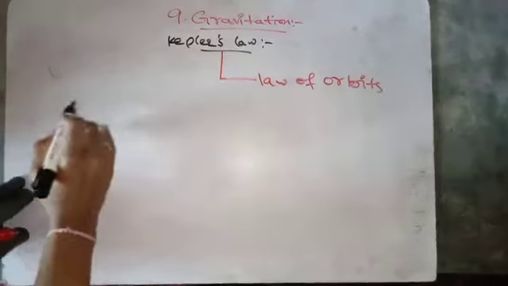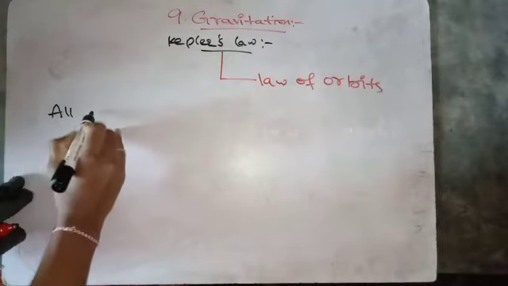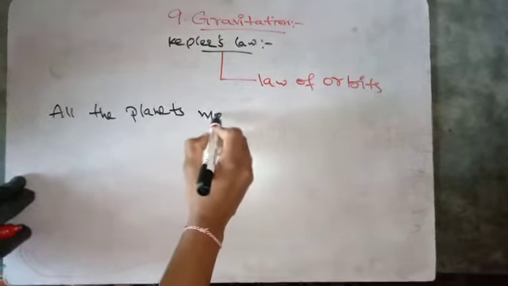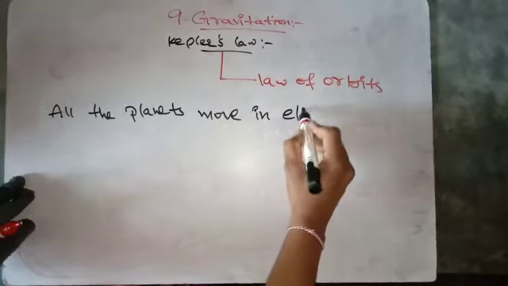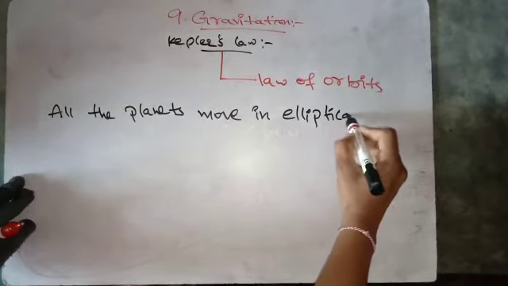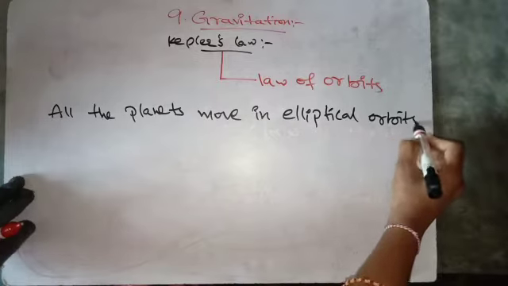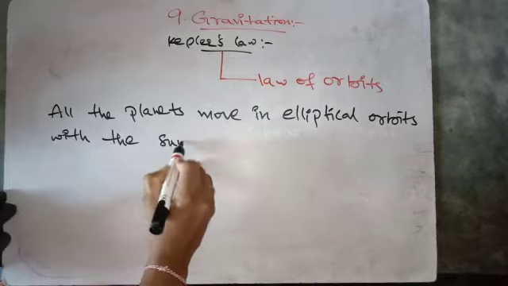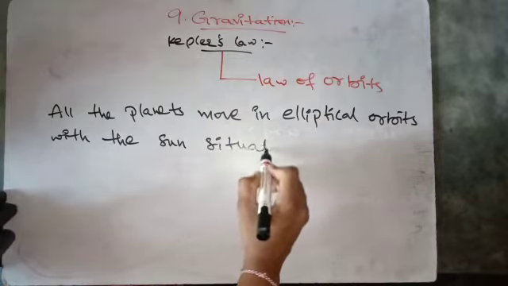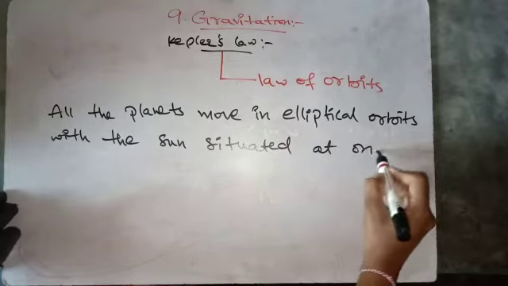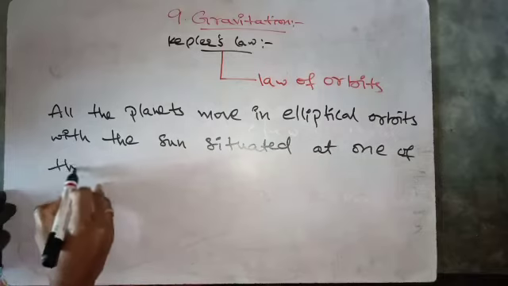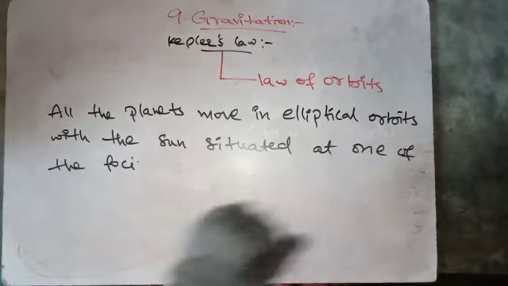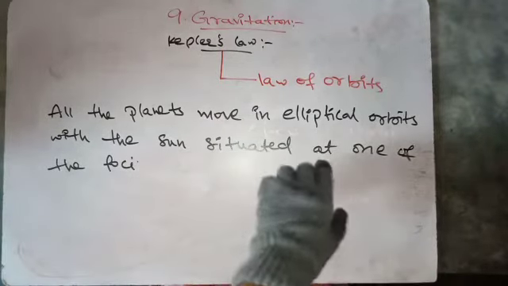Kepler's first law is stated as: all the planets move in elliptical orbits with the sun situated at one of the foci.